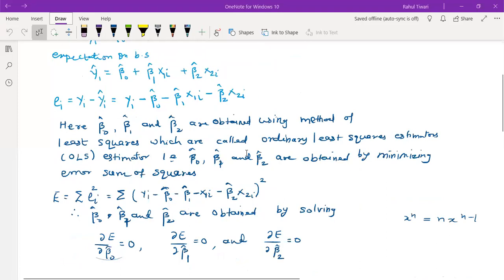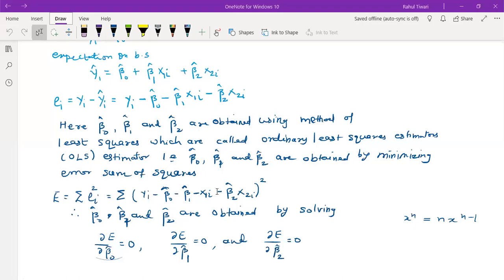And the ordinary least squares estimator says that if you want to get these parameters, you need to minimize the error sum of squares.